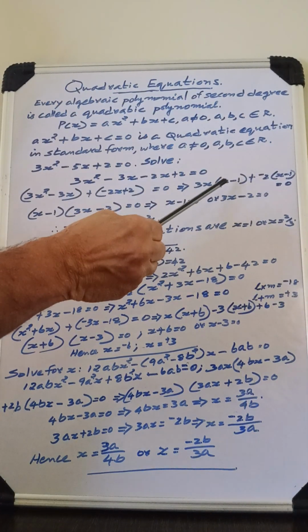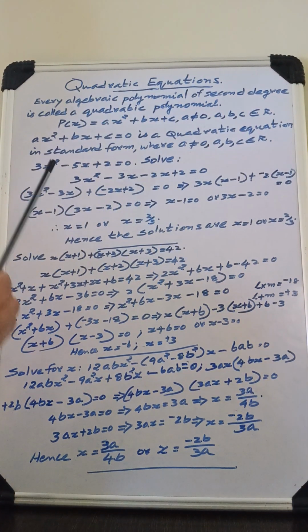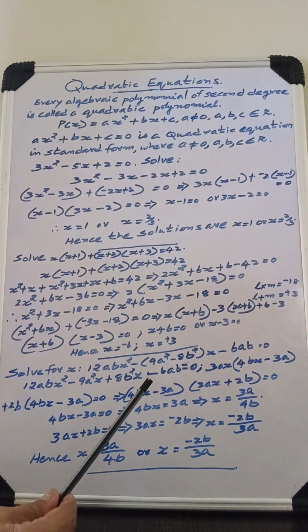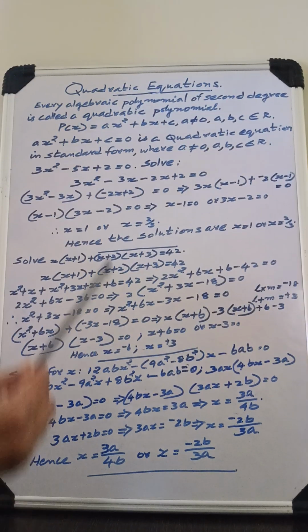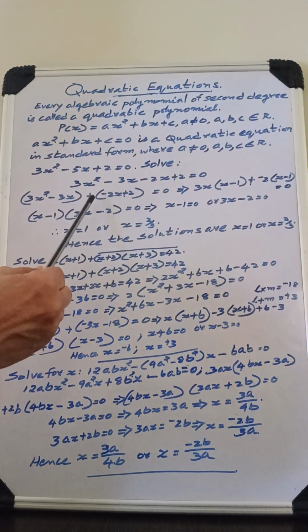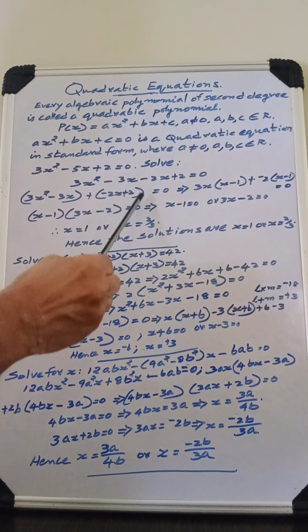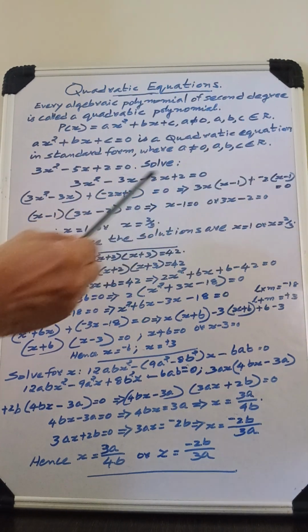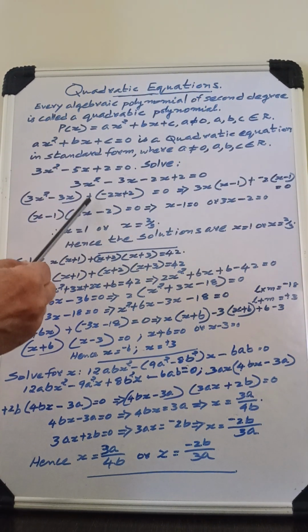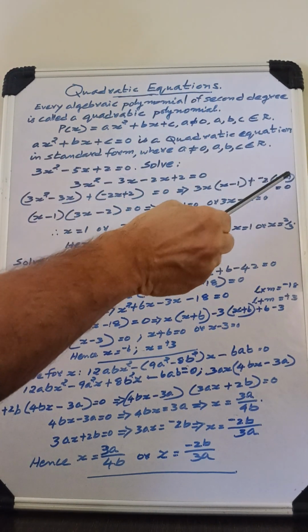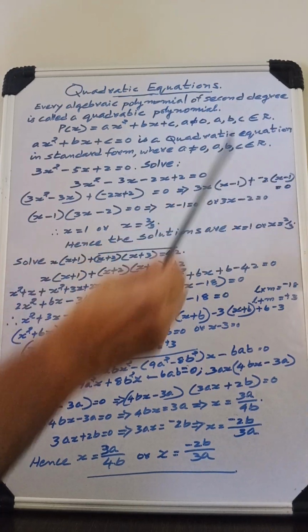Therefore, x minus 1 remains in the brackets. And from the second group, I am taking minus 2 outside: minus 2 into x minus 1.